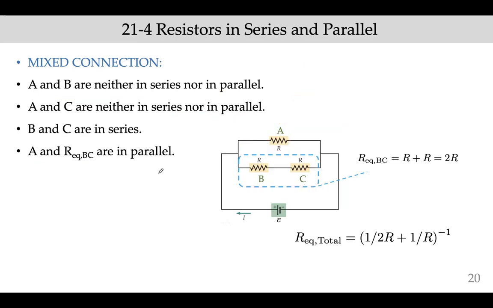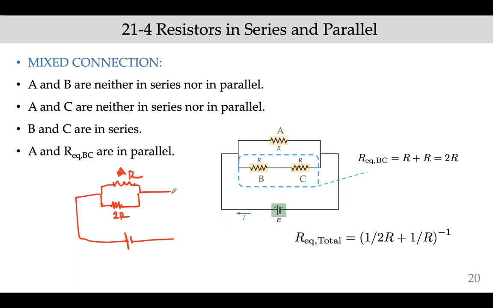Now, how do you calculate the equivalent resistance here? These are in series, B and C. So instead of these two, let's draw A here. Instead of these two, I can just put one resistance here. This one is R, and this one will be 2R.